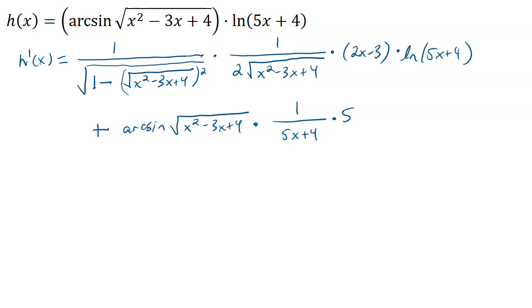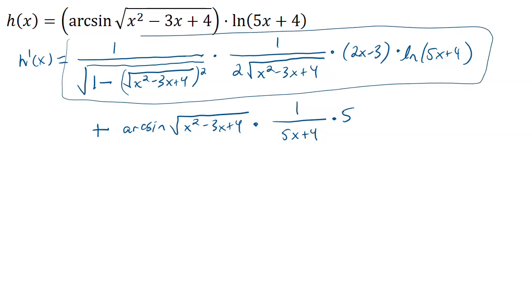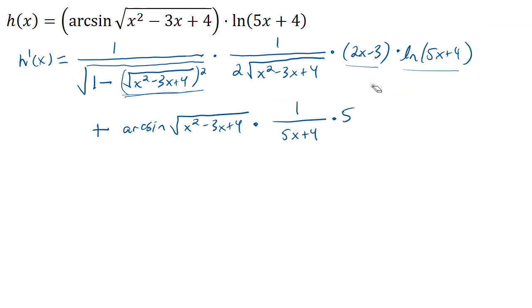And so if we wanted to, we could simplify this a bit. I'm not going to worry about that part. We could multiply all of this together, putting 2x minus 3 and the natural log in the numerator times the 1s. We could square the square root and distribute the negative. We could do all sorts of things, but that's not the point of this video.